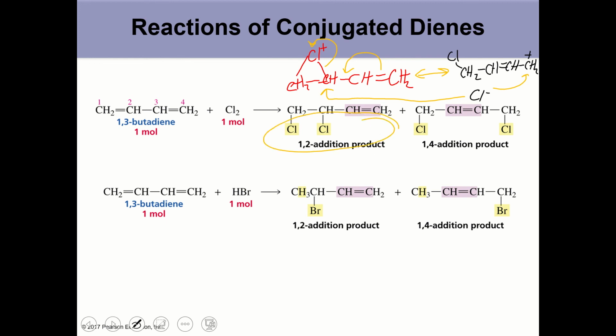So the 1,2 product is when chloride adds and breaks the halonium ion, and the 1,4 product forms when the pi bond moves, breaks the halonium ring, and then chloride adds at the cationic carbon.